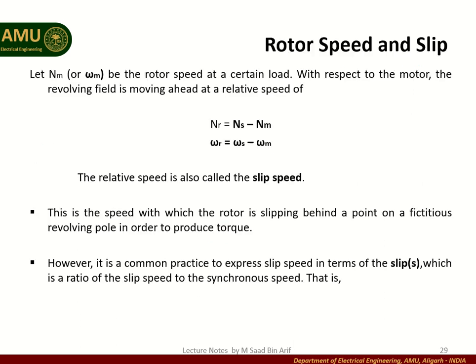Now let us have a look at rotor speed and slip. Let us assume that Nm is the rotor speed at a certain load, if there is a load attached to the shaft of the rotor, any belt or anything.